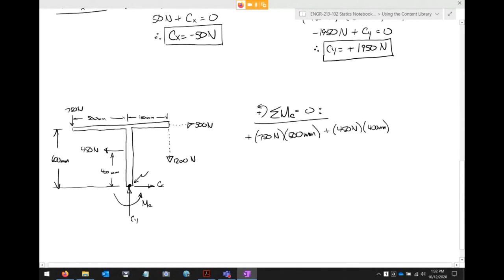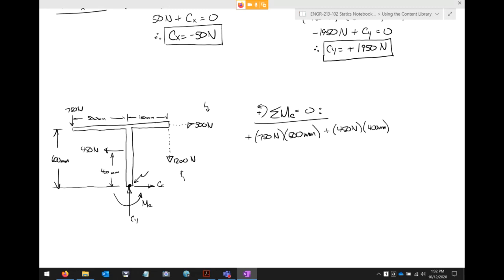Okay, now let's deal with these. I'll go ahead and tell you that yes, they do generate moment. But what is the deal with that moment? Is it positive moment or negative moment? Yeah, they're both negative.